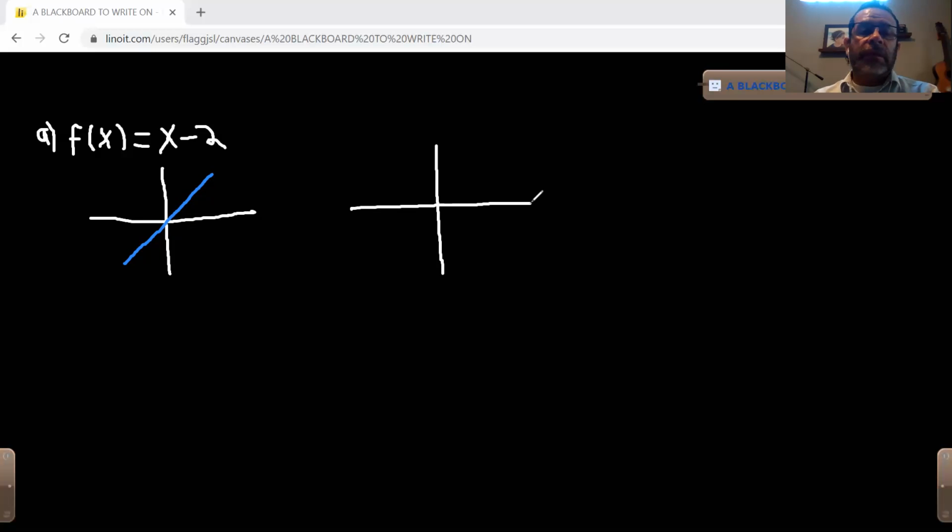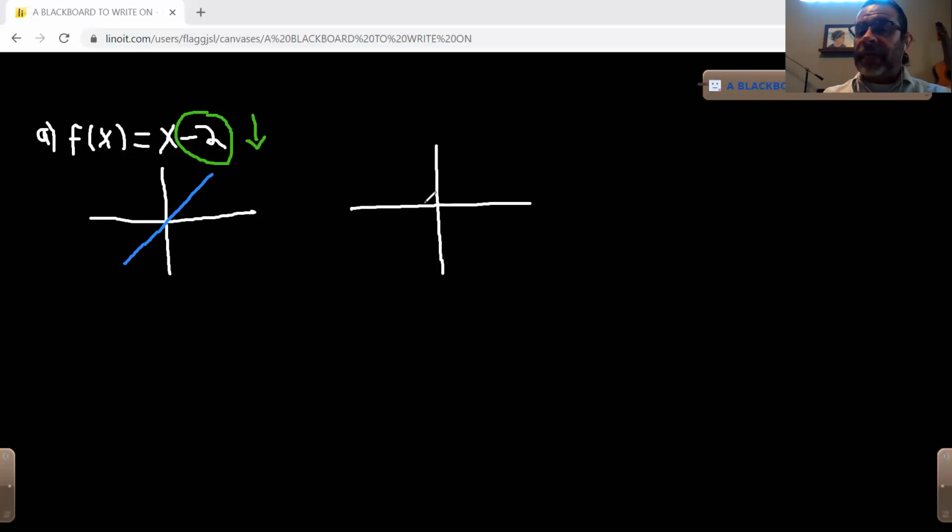Perfect, correct, Andrea, perfect. So we know that this is a vertical shift, okay? We know it's a vertical shift because of this component here that's being, in this case, subtracted from the function. This is going to generate a shift that's vertical, and actually it's going to be a shift down, okay?